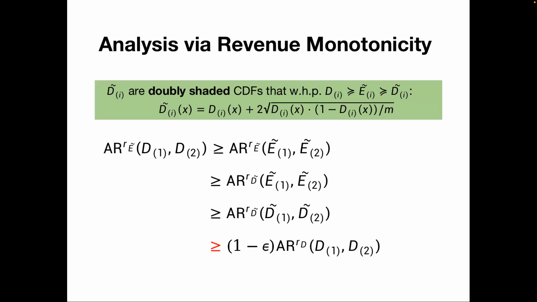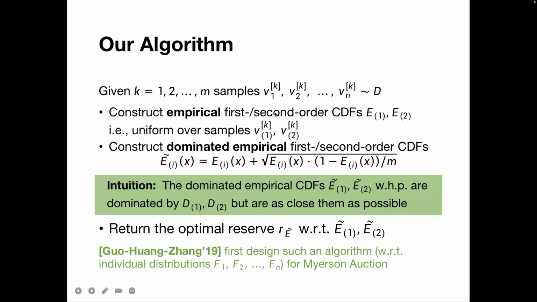Why do we need this construction? Because it greatly simplifies our analysis. The empirical CDF is an unbiased estimation of the actual value distribution, and with high probability, the dominated empirical distribution, shaded by one unit of distance, is dominated by the actual value distribution.